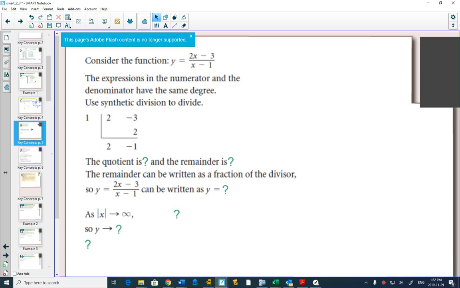Example 2. Okay? And again, I'm going to say that the textbook here overworks this a little bit. We can do this a lot simpler. So in this case, I'm going to just write the degree is the same.